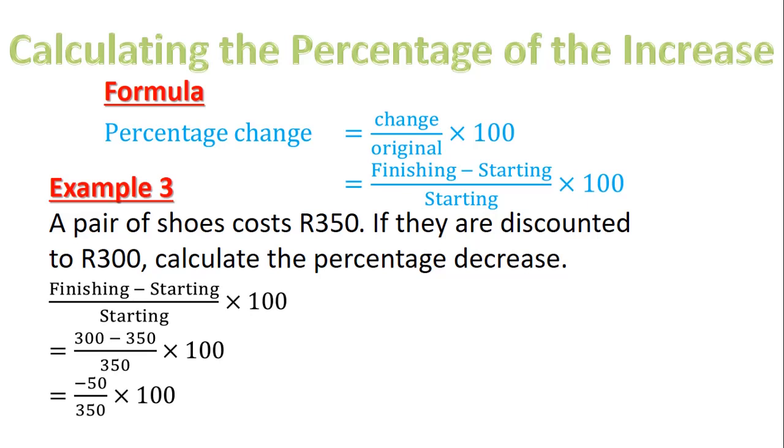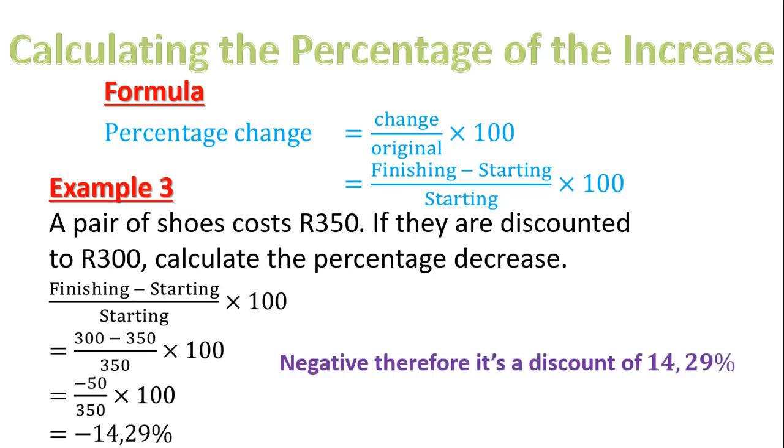Now if we simplify and cancel or put it in your calculator, doesn't matter, we'll get negative 14,29, and there are a whole lot of decimals around, and we've rounded off there to 2 decimal places. But you'll notice it's negative. If you get a negative answer, you'll know, or you should guess, that it's actually a discount.